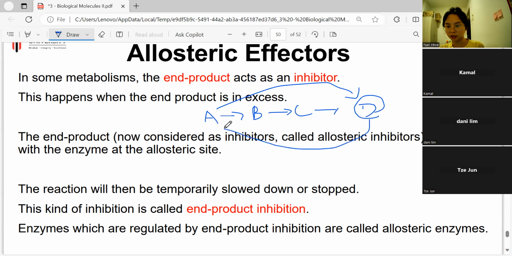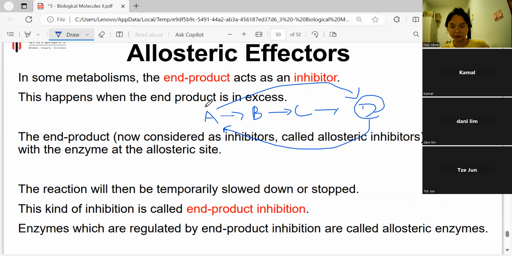So that's the main concept. D is the end product, and this end product will inhibit the conversion of A into D. That's what we call end product inhibition. And this enzyme, which the end product acts on, is called the allosteric enzyme. Is it clear?